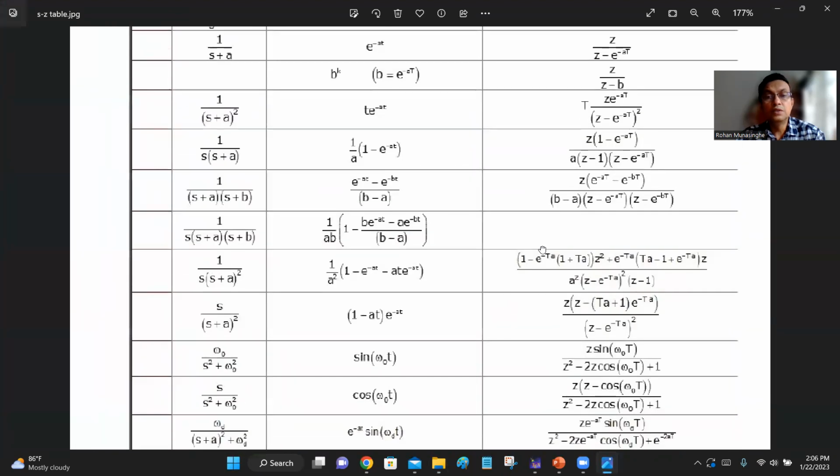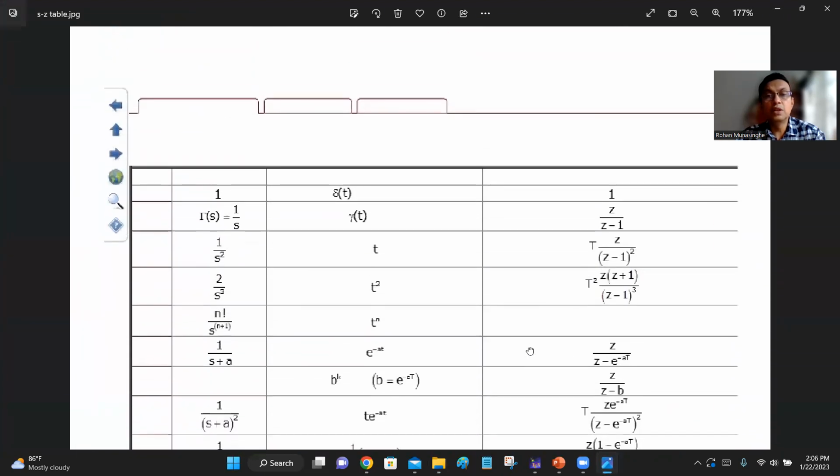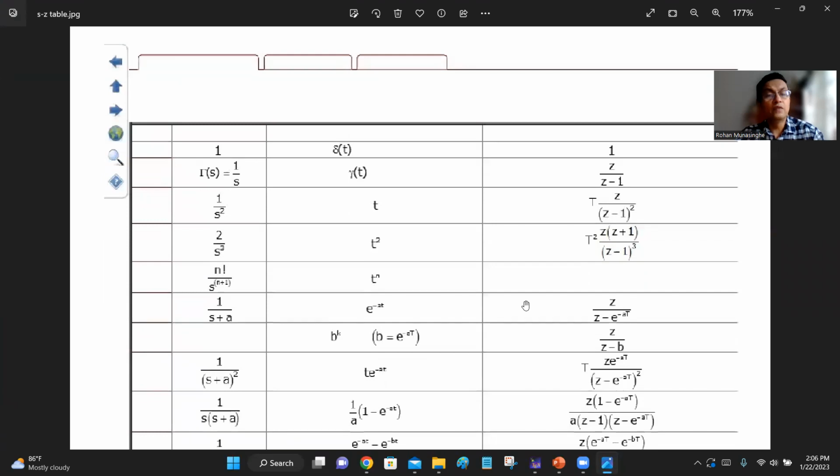So for that, let's look at the Z table. Now this is the table where you have Laplace and Z and time, 3 columns, right? Same thing in time domain, in Laplace domain, and Z domain. So we are looking for something like 1 over s to the 3. You can see it over here. In fact, this is 2 over s to the 3. It doesn't matter.